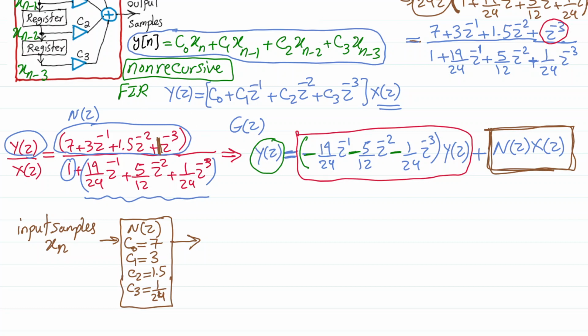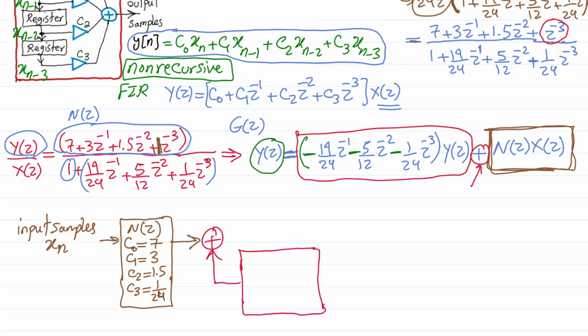Okay, so to do so, it looks like I need an adder that adds the result of what I just did with the outcome of another chip. Let me make sure that we have enough space to show this.